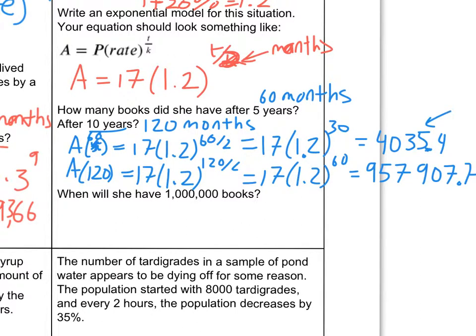One is using the guess and check method. And I might look at this as we get really close here. If I wanted to get to 1,000,000, maybe I want to make this 61 instead. And if I plug in 61, we get just over 1,000,000. So if I plug in maybe 60.5, we get even closer to 1,000,000. 60.25 is going to be even closer. I'm just plugging in numbers and seeing what I get. 60.2 is a little bit too small, so I'm going to go with 60.25 as the closest I can get.